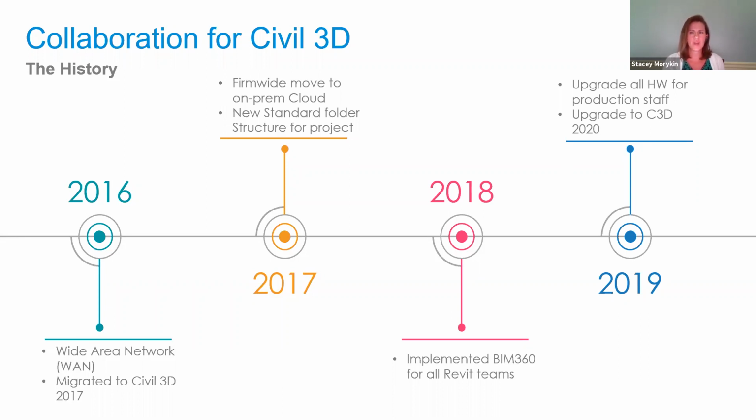So we decided to upgrade to Civil 3D 2020, as well as upgrade some of our hardware. That's not necessary, I think, for collaboration for Civil 3D, definitely not a requirement, but something that Pannoni decided to do internally. So that takes us right to 2020.